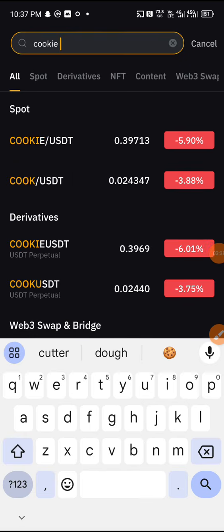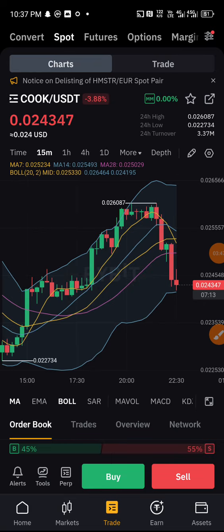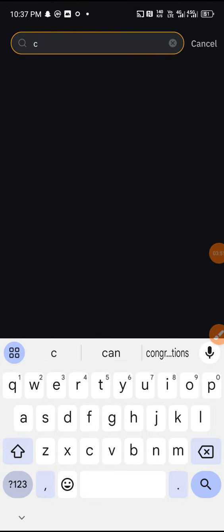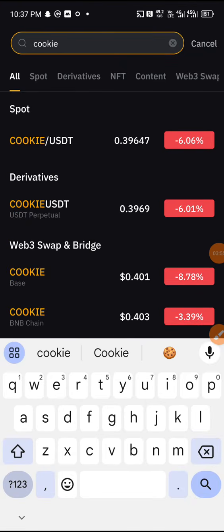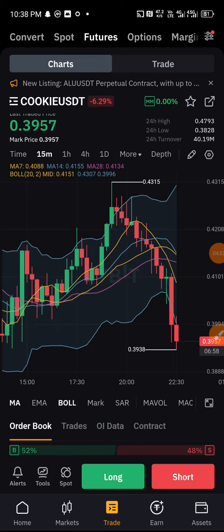That is in derivatives. I'm going to take this second one, which is the perpetual, I think. Let me look at it. No, this is not the perpetual. The perpetual is higher than this. So let's look at Cookie. Okay, this is the perpetual.